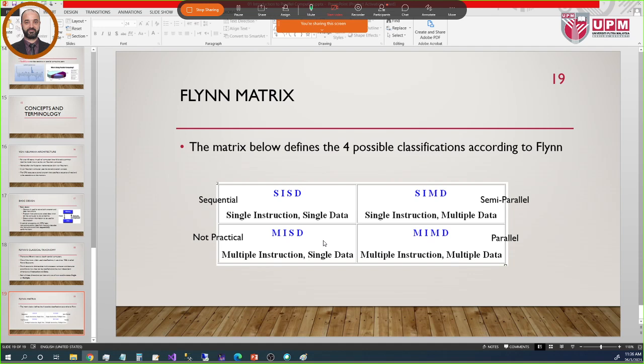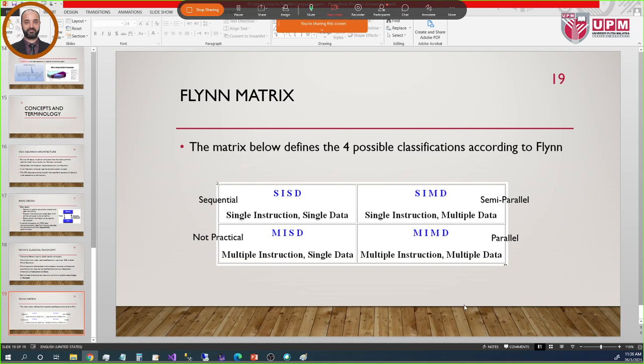That's why this one is not practical. This one could also be commented on as semi-parallel, or maybe semi-sequential, because it's very close to sequential, or fully sequential.